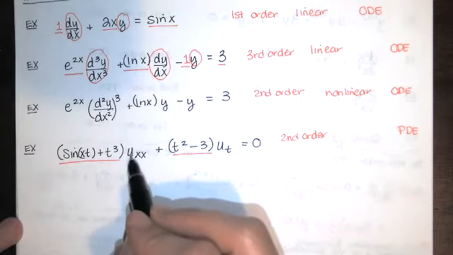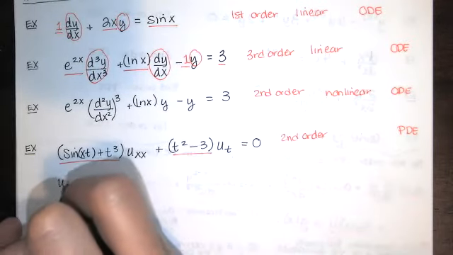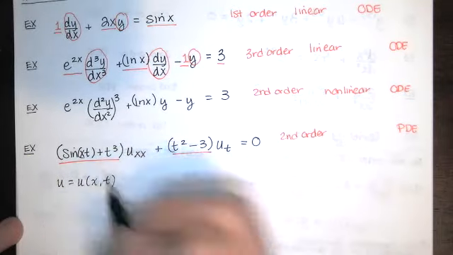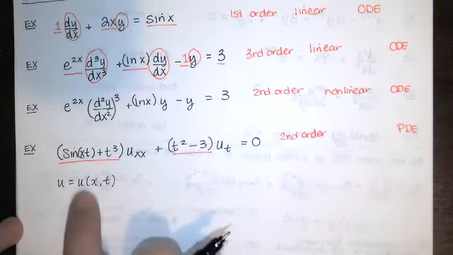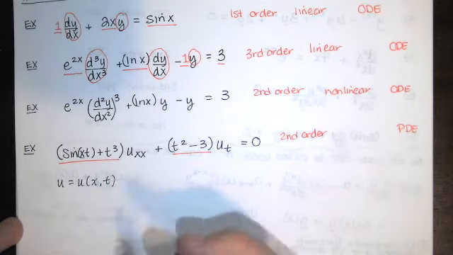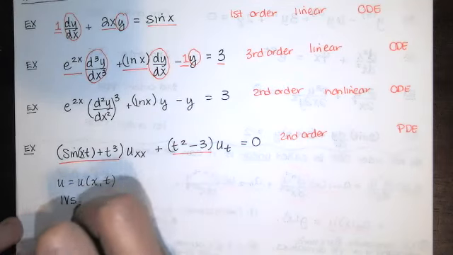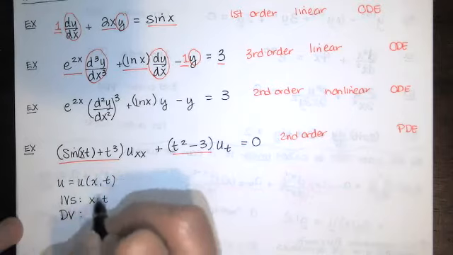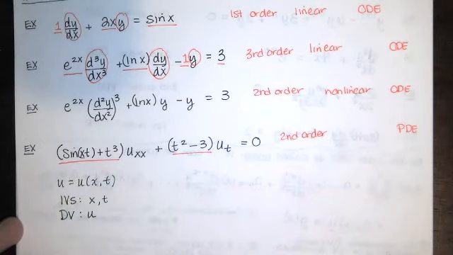We can tell from context that u depends on x and u depends on t. So u is a function of two variables, and they are x and t. So my independent variables here are x and t. Those are free to vary. And my dependent variable is just a single variable, and it's u. Okay, so we've got that.